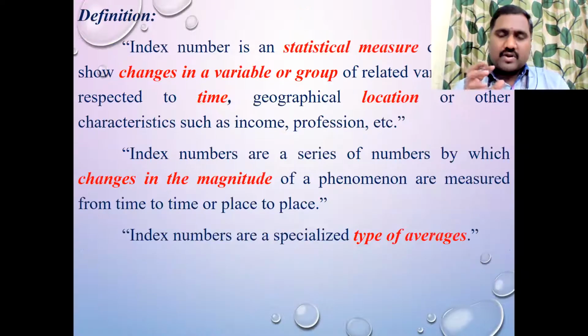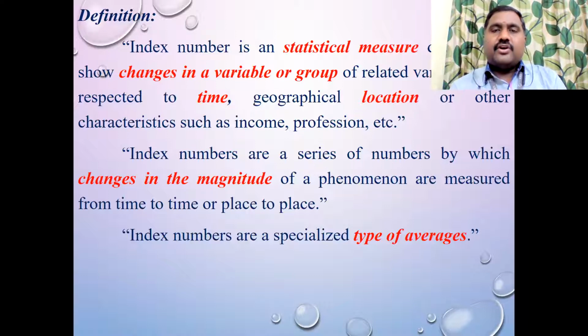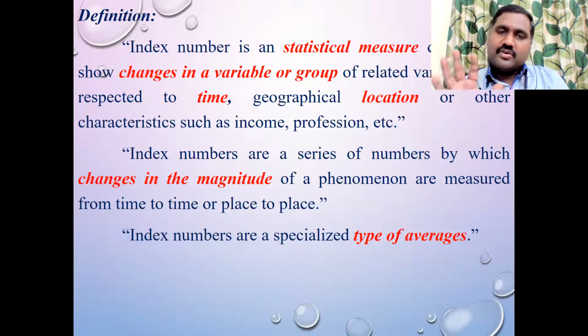So I told you, it's one of the statistical techniques which will be helpful for you to study the change or the variation in one or two variables according to different time periods or locations. Like income. In olden days, before 10 years, if you had 5,000 or 10,000, you could run your life, you could survive. But think about the present situation.